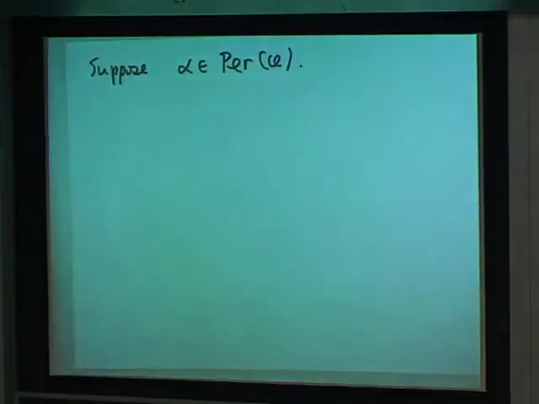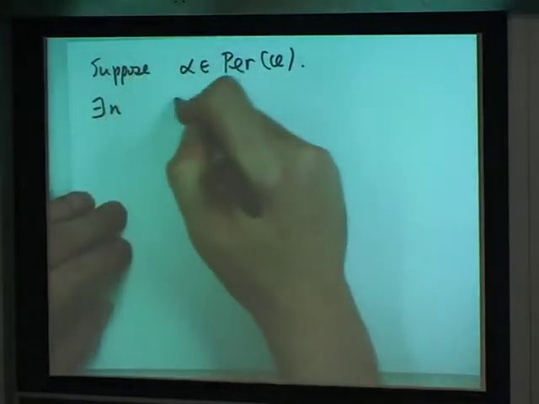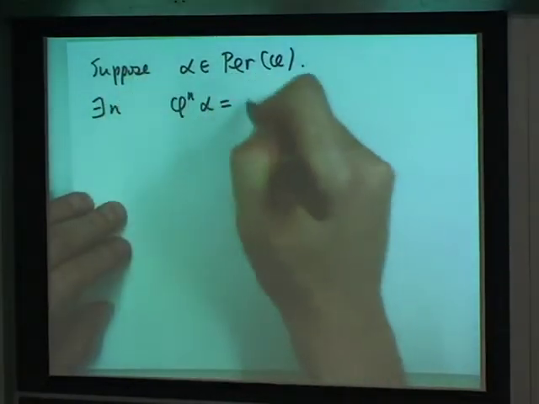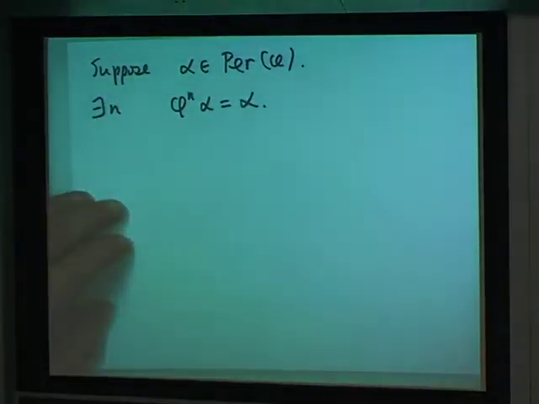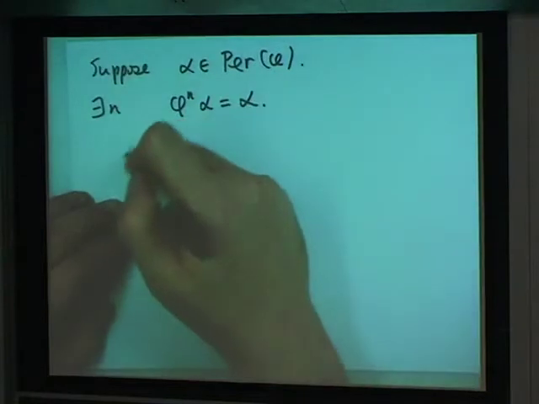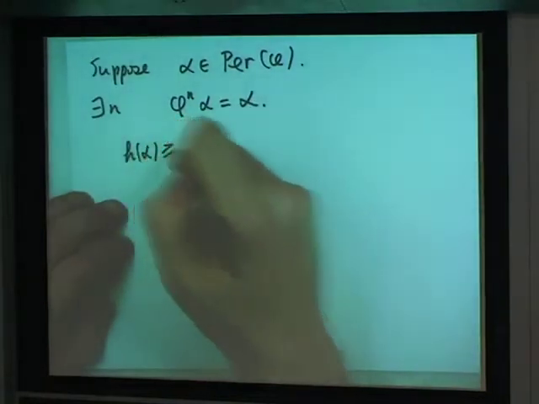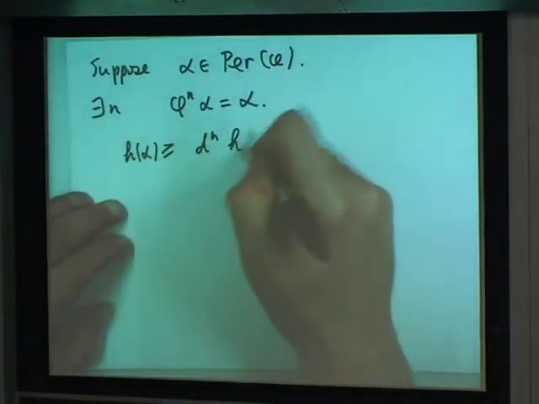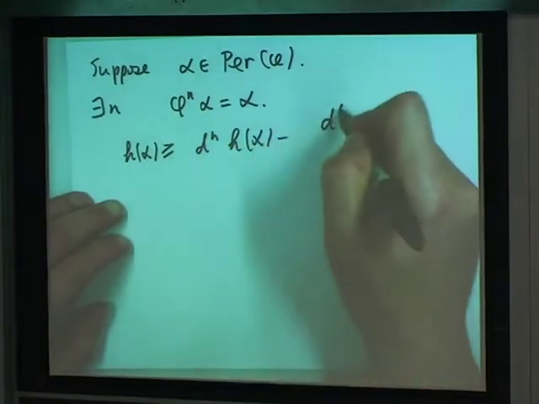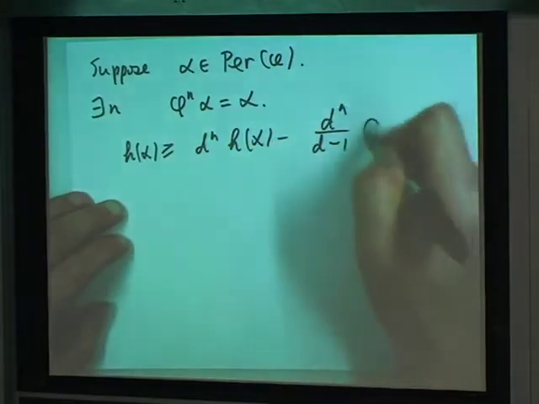Okay? So there's some n such that phi to the n of alpha equals alpha. So if I use that n over here, what do I get? I get that the height of alpha is greater than or equal to d to the n, the height of alpha, minus d to the n over d minus 1 c.